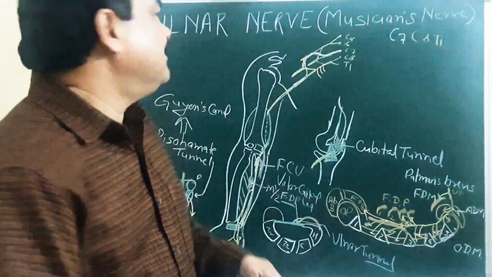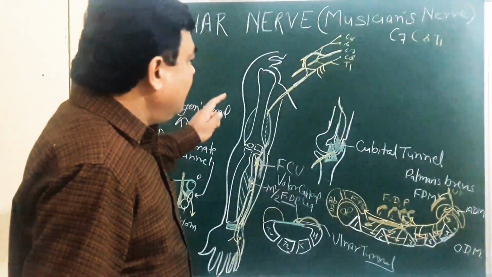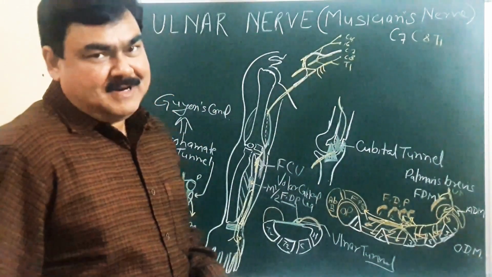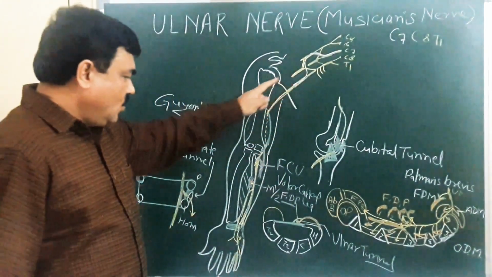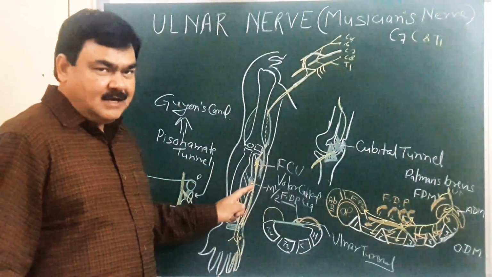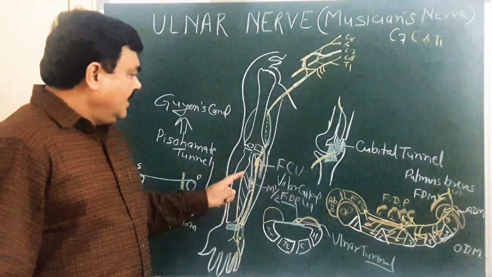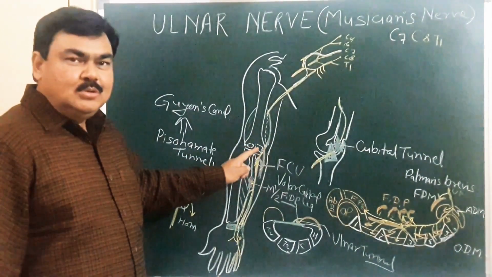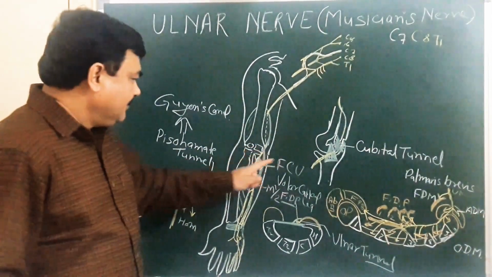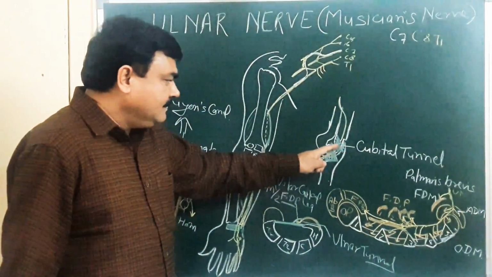Thank you. Now let us discuss the applied aspect of the ulnar nerve. Here you have seen the course and relation of the ulnar nerve. The ulnar nerve passes through three tunnels. One tunnel is the cubital tunnel.